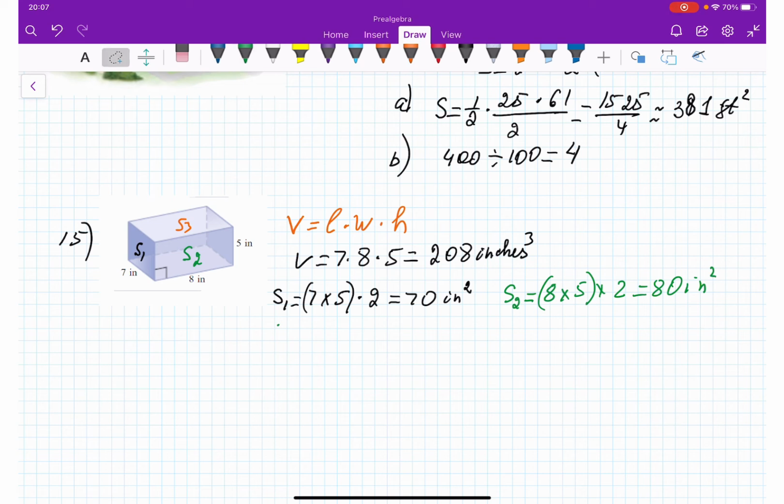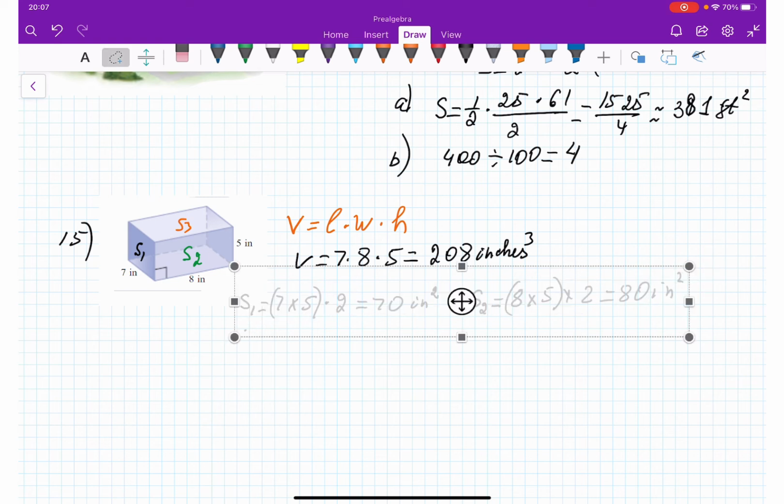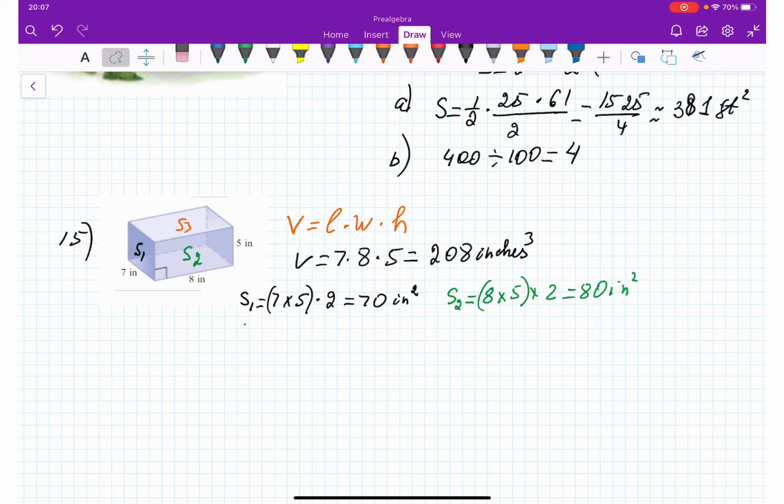And the third one, S3 is equal 8 times 7 and times 2, so 56 times 2, it's going to be 112 inch squared.